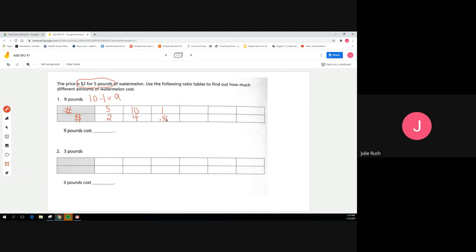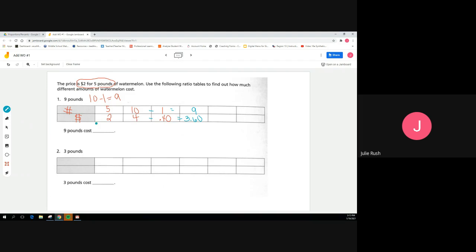We're talking about money, so that would be 40 cents. Okay, so our unit rate per pound, 1 pound costs 40 cents. And so if I wanted to find out how much 9 pounds was, I could just do 10 minus 1 equals 9. And 4 minus 40 cents equals $3.60.